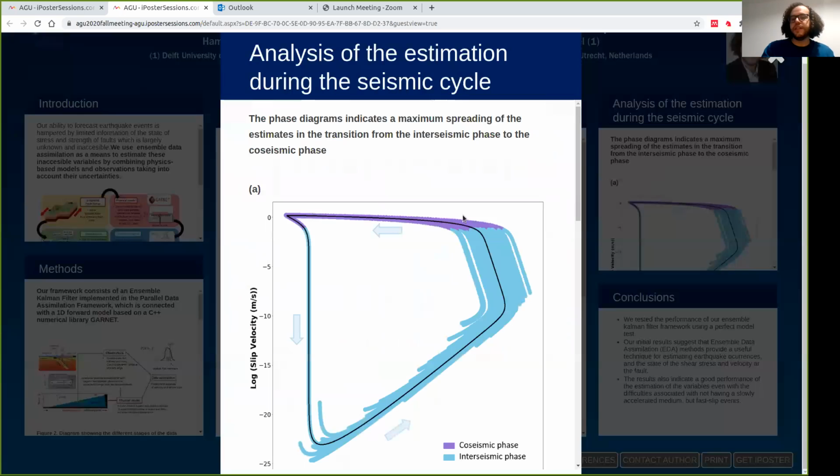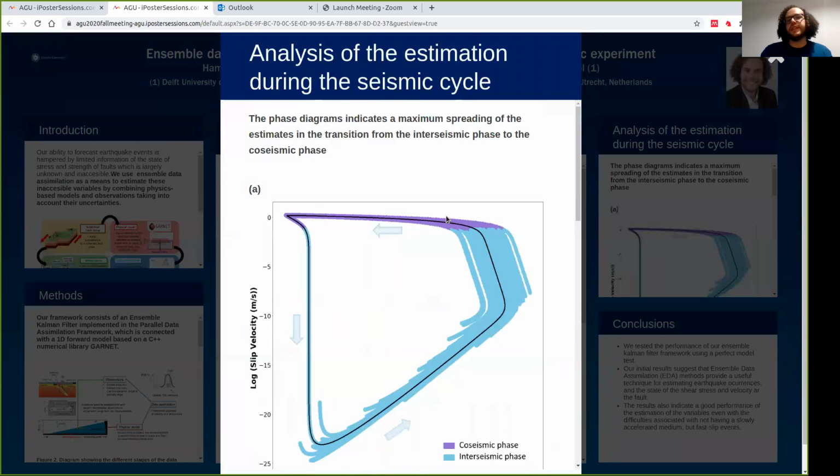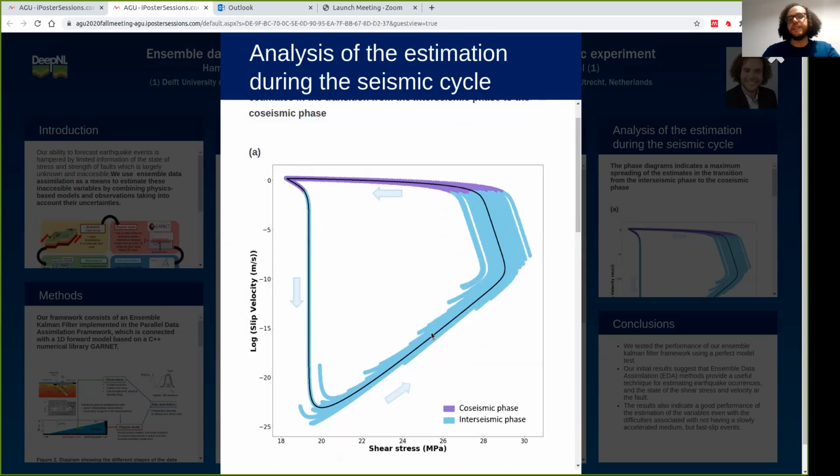So after this, we would like to understand how the variables evolve in the different parts of the seismic cycle. What we have here are phase diagrams helping us to understand that. The interseismic phase is represented by blue, and the coseismic phase, when we are releasing the earthquakes, is represented by purple.